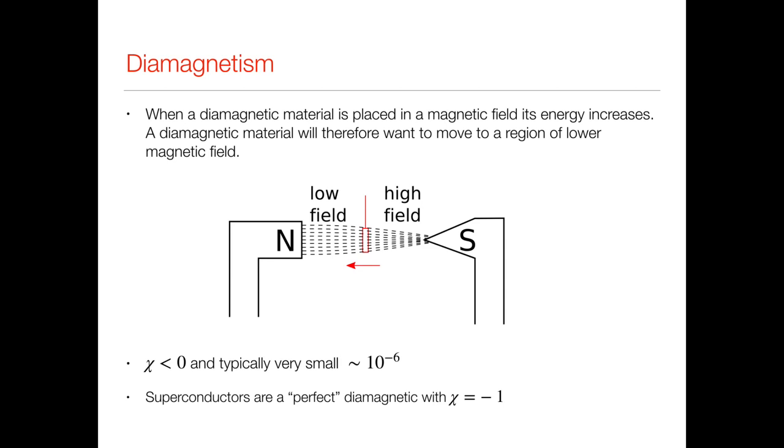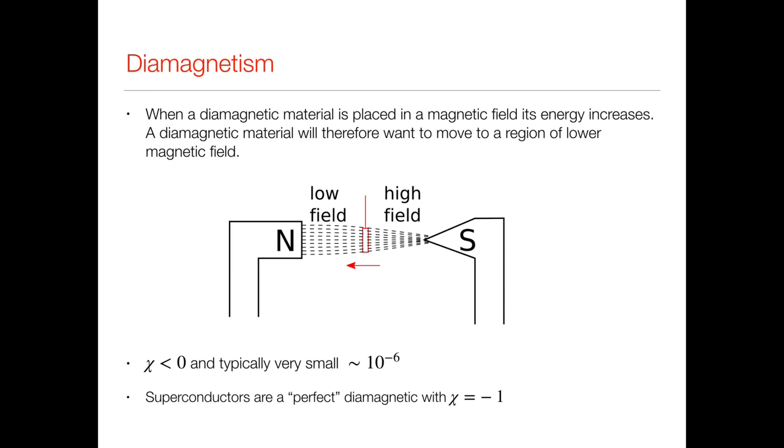So negative and very small, typically of the order of 10 to the minus 6. Okay, so that means that the magnetic field that's induced inside the material is 1 part in a million of the applied field. Okay, so these materials are responding really quite weakly.